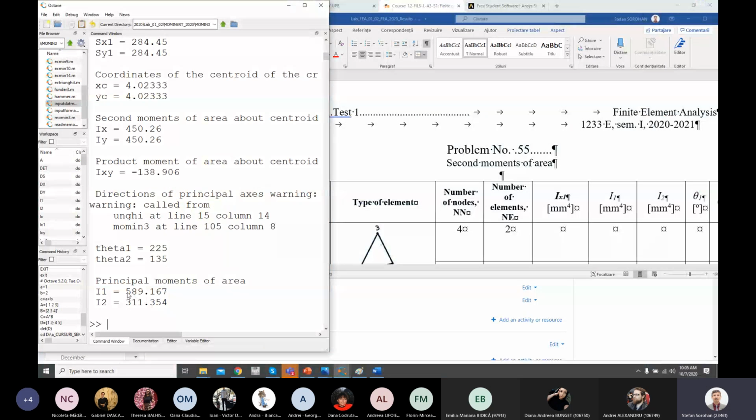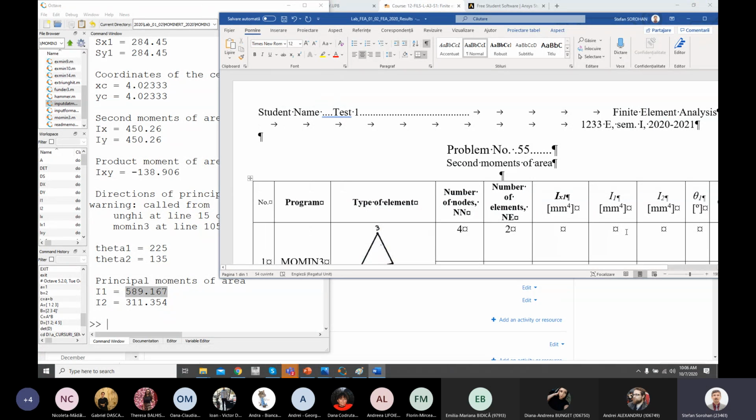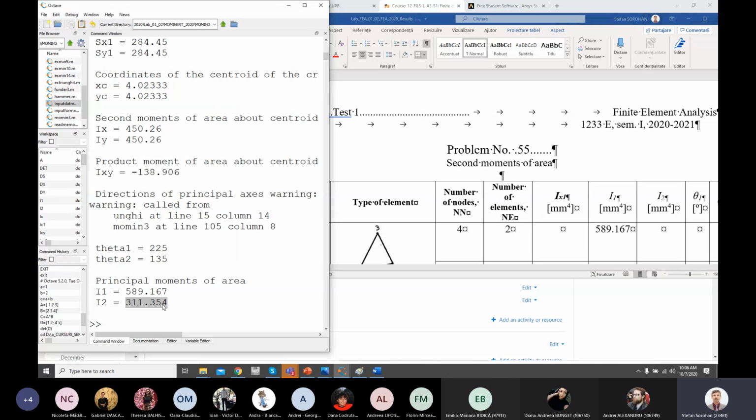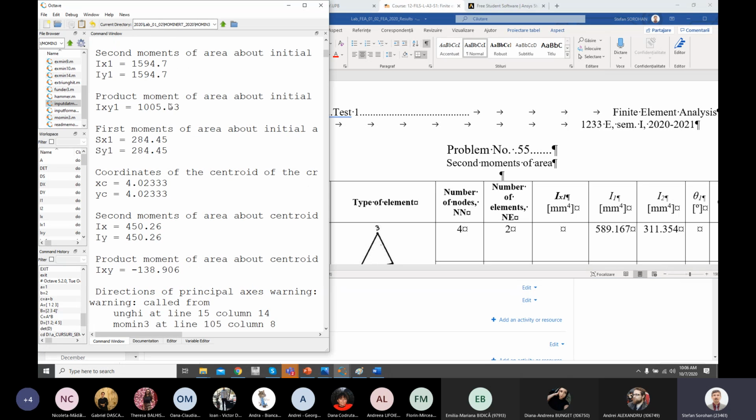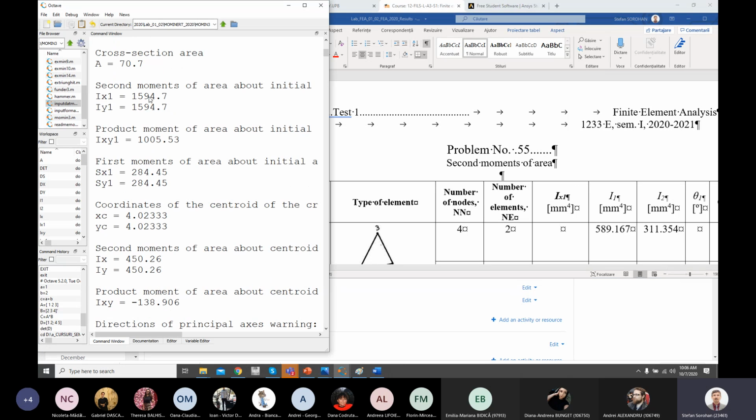Let's start with the last one. Control C and Control V. Again here, Control C and Control V. And this is X1, according to the first calculus.